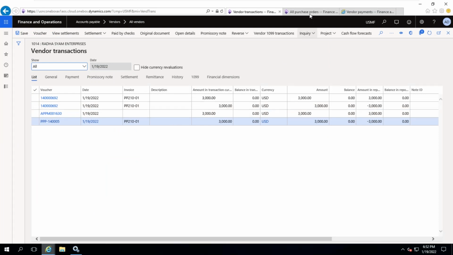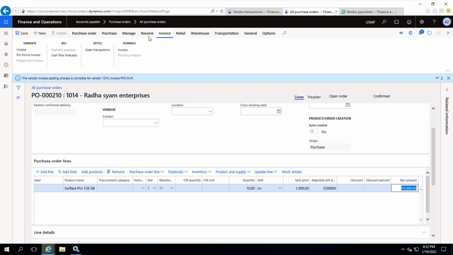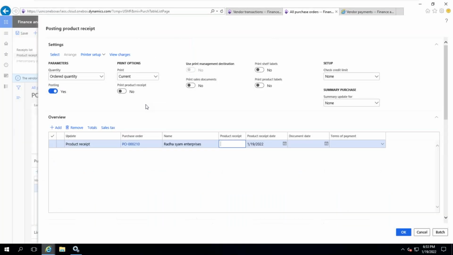Now I'm doing the product receipt because the vendor has received money. So purchase receive tab, generate area page, product receipt button. Enter the product receipt date, material received, click OK.